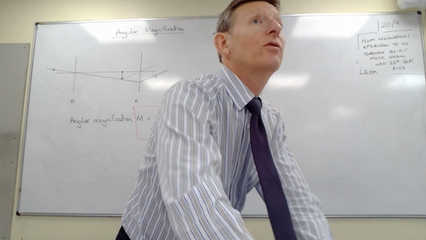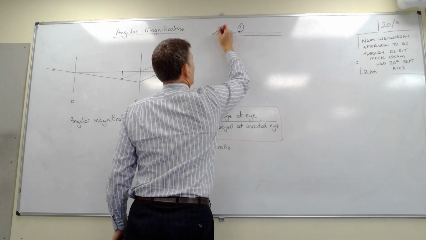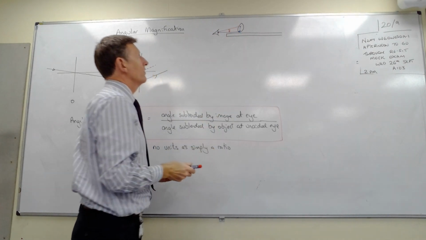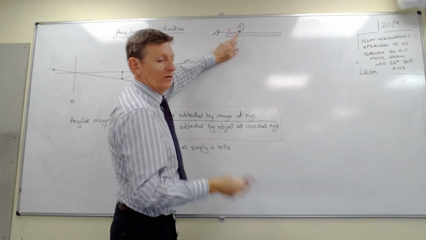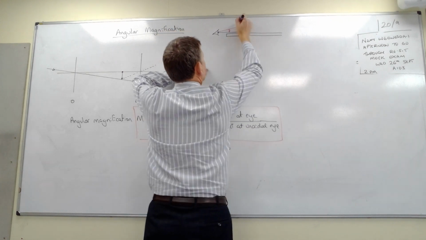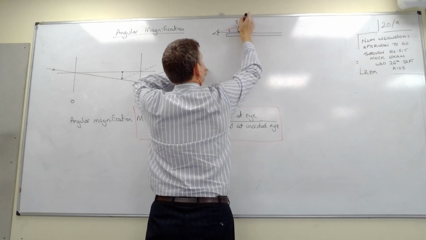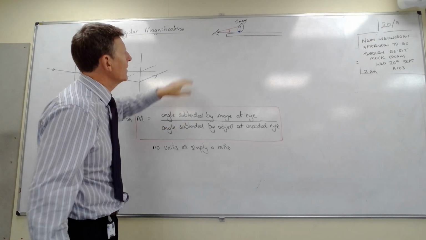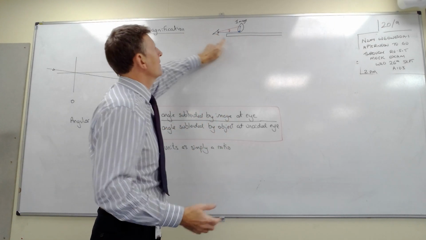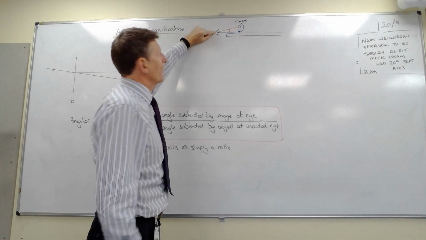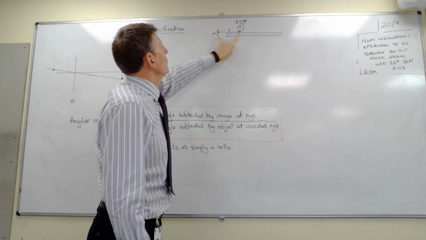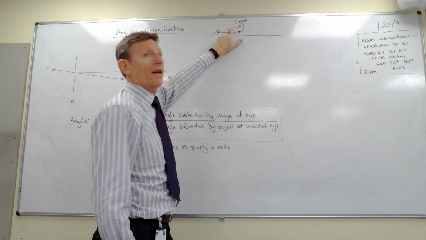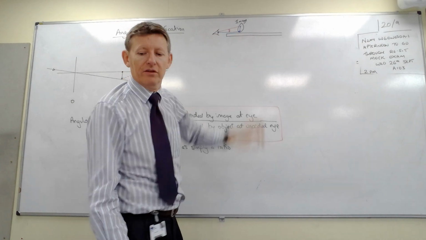And of course what that allows you to do is work out the angle subtended, created by the image. So that line there is the image, at the eye. Does that make sense? It's the angle subtended or created by the image at the eye. So we've measured that distance and that distance, and we've got a right angle triangle, and we can work that angle out later. Which I'll come back to in a second.